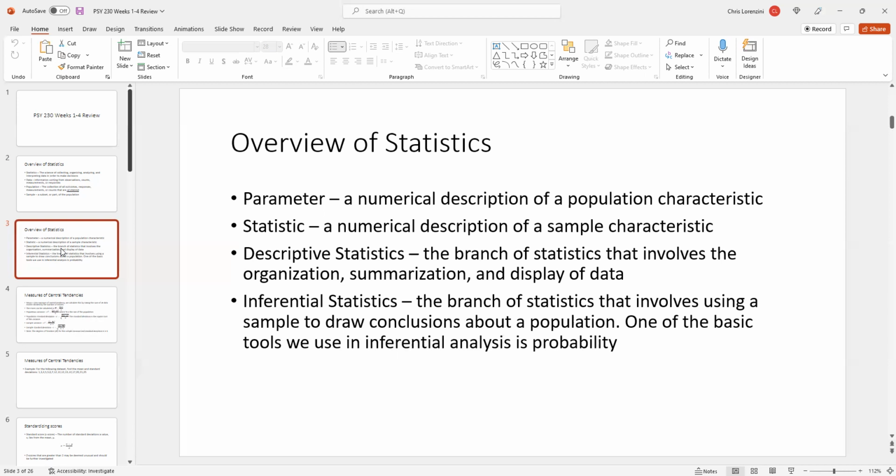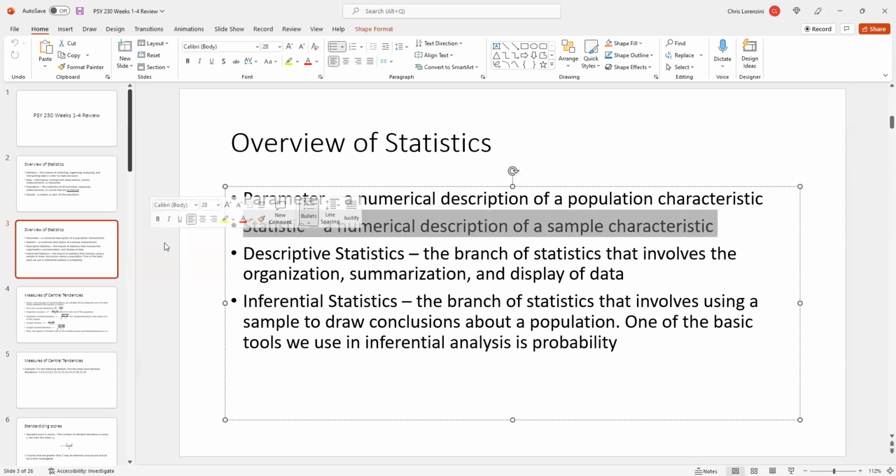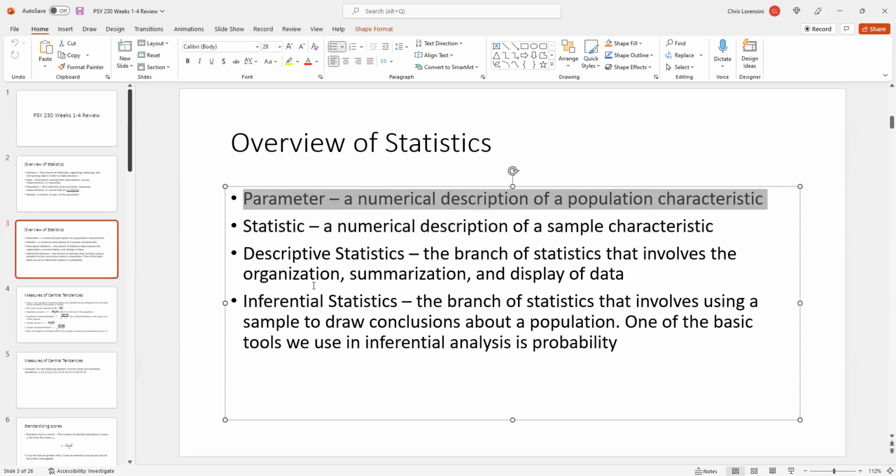So that would be the sample mean, the sample standard deviation. Those would be statistics. So parameter and statistics are effectively the same quantities, just expressed with a population versus a sample. And so at the end of the day, we use statistics, sample statistics, to estimate population parameters.